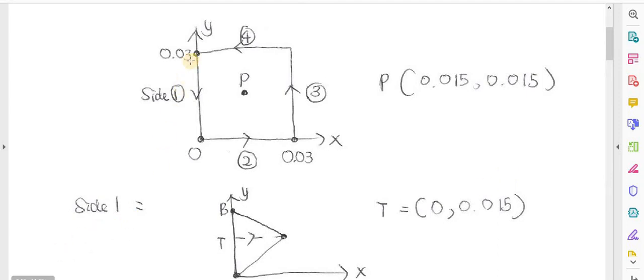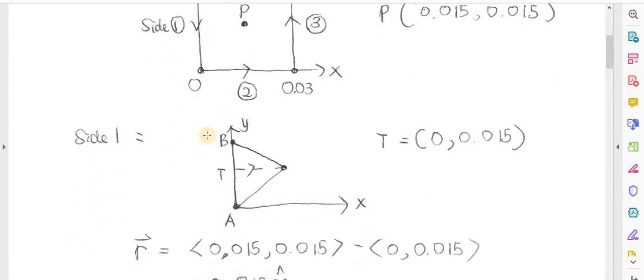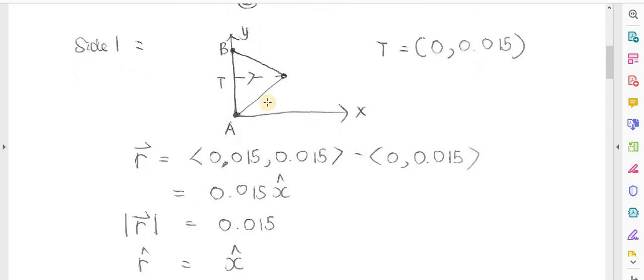For side 1, it is this one. I draw it separately. First of all, you have to find the point T. Point T will be here. So vector R will be the observation point minus the source point.